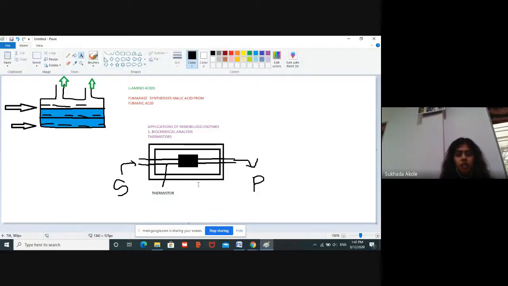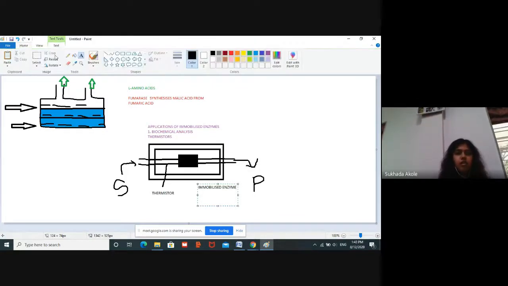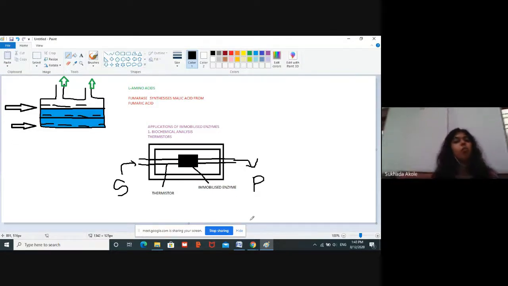And this black one is my immobilized enzyme. On this strip I have my immobilized enzyme, say for example glucose oxidase.